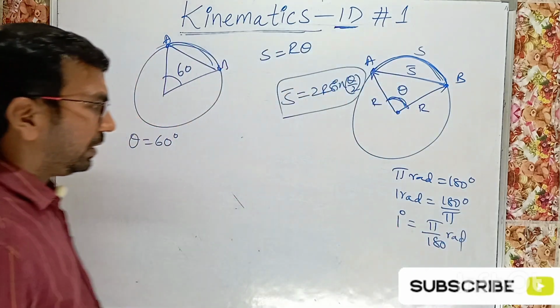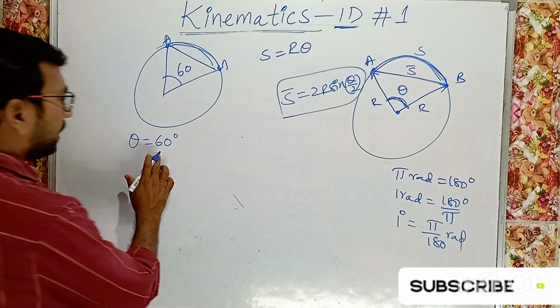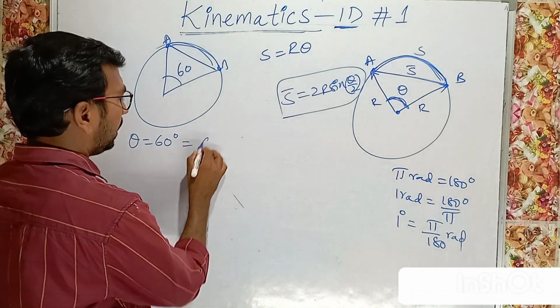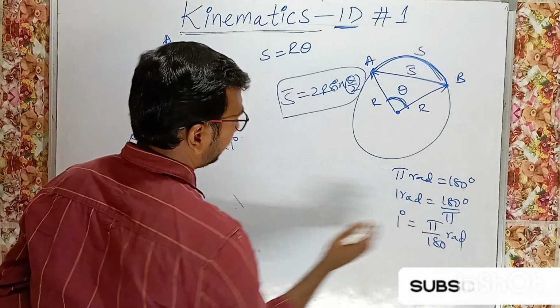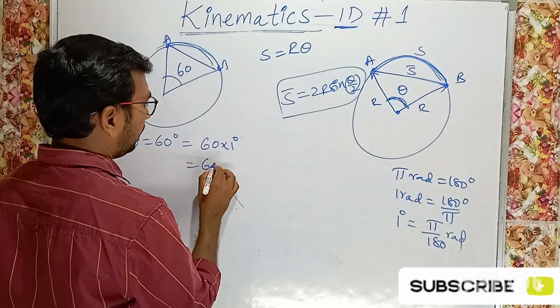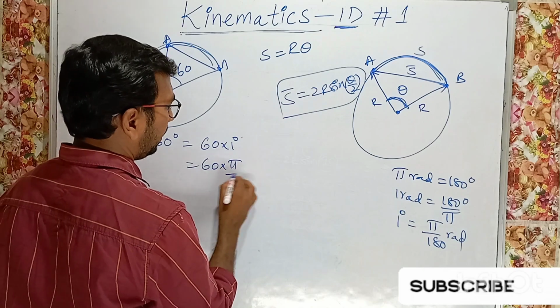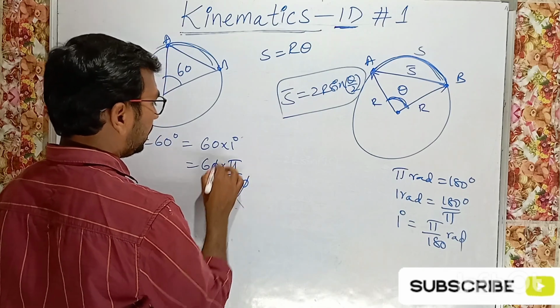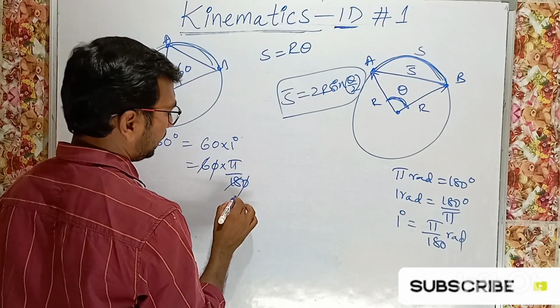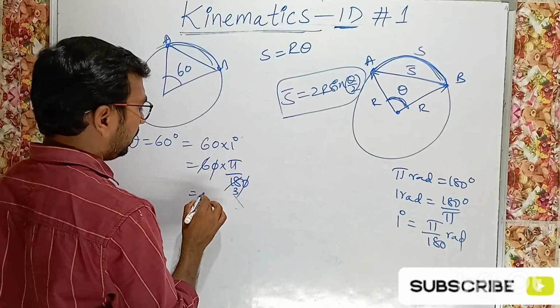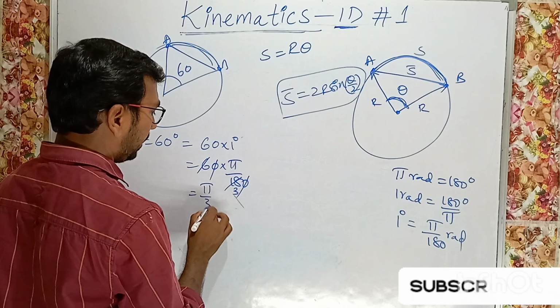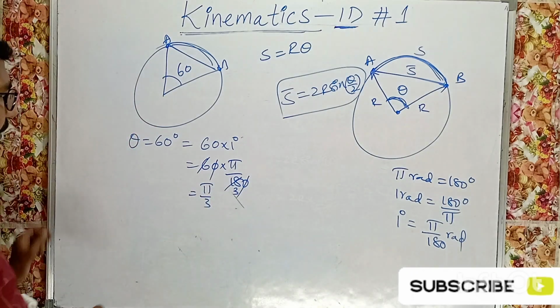So here 60 means 60 into 1 degree, and 1 degree means pi by 180. So 60 into pi by 180. This 0 cancels, 6 ones, 6 threes. So 60 in terms of radian is equal to pi by 3.